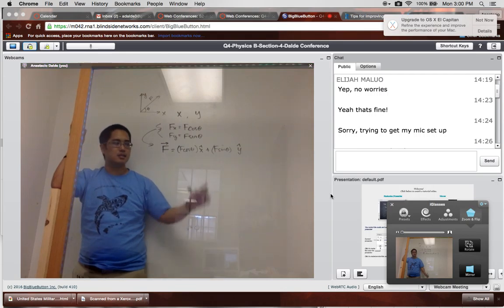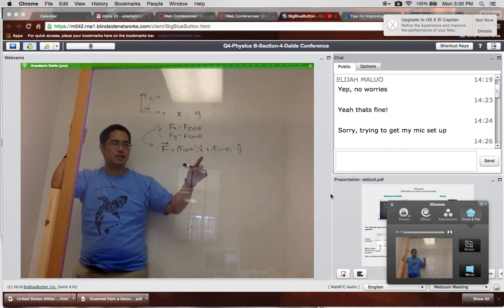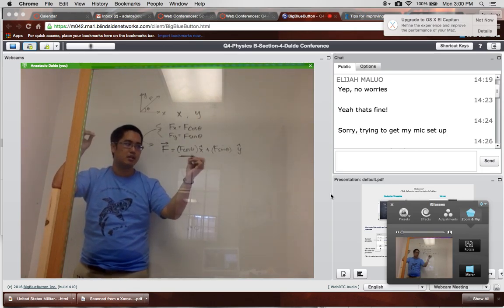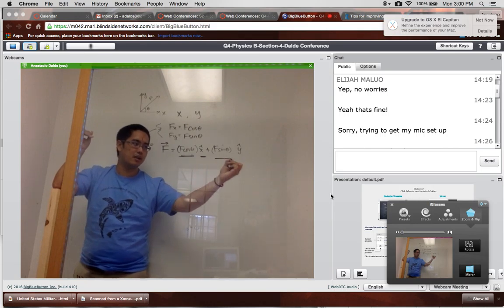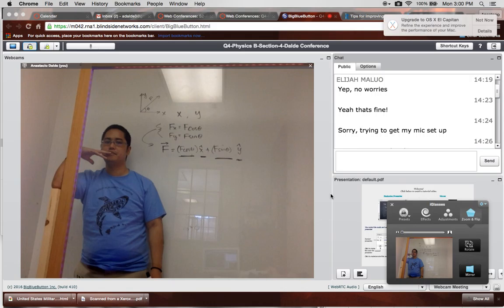So this is the x hat and the y hat. The hat means the x direction and the y direction. So this is the amount of force. Here's the magnitude. Remember, a vector has a magnitude and a direction. So here's the magnitude, and here's the direction. Are we cool?